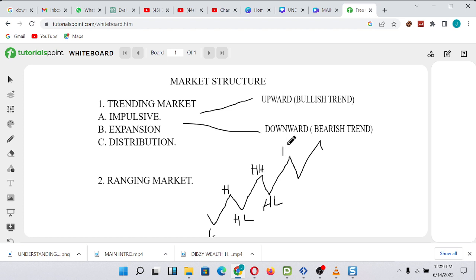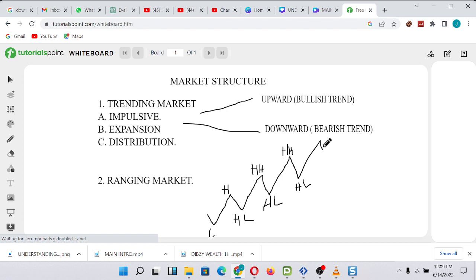This is a higher high. And this is a higher low. So a bullish trend has a series of higher highs and higher lows.